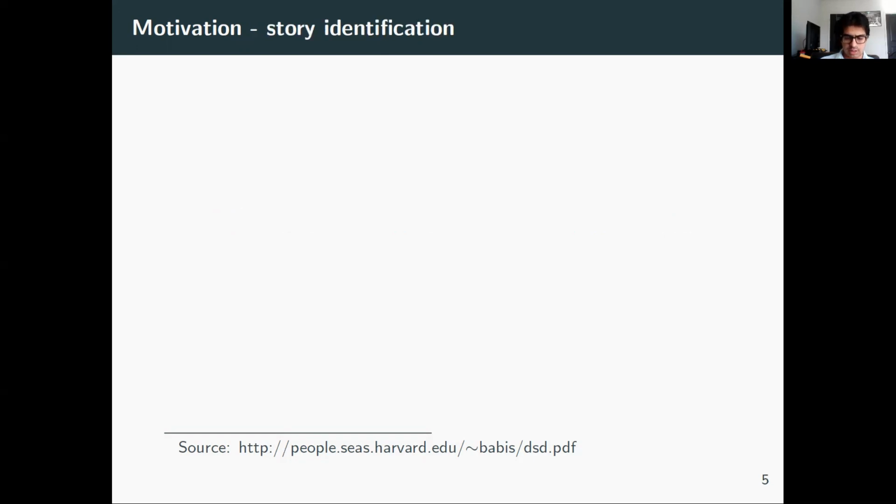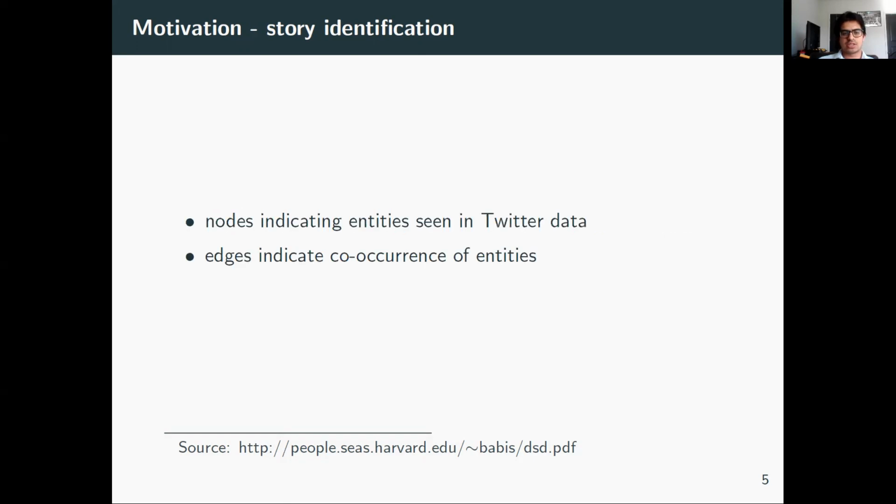Another example is Twitter data, where nodes denote entities which appear in tweets, and an edge denotes when two entities co-occur, like a hashtag and an image. Once you form a dense subgraph of these co-occurrences of entities, what you get is a news story.